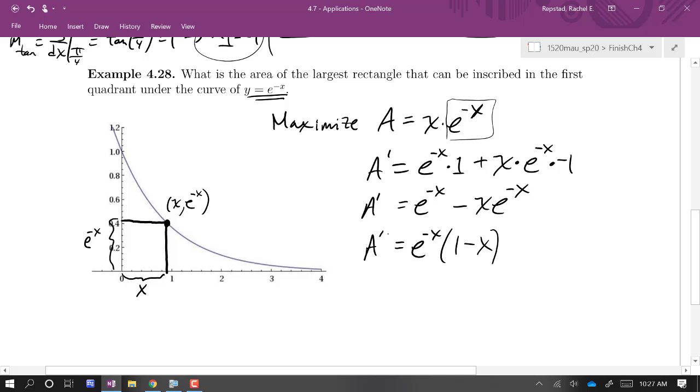I could write it this way, or I could write it as 1 minus x divided by e to the x. Either way is fine, but I can see there's only one spot where this is going to be 0. There's only one critical value, because e to the x is never 0, and so e to the negative x is never 0.